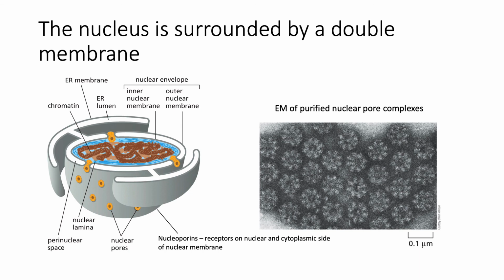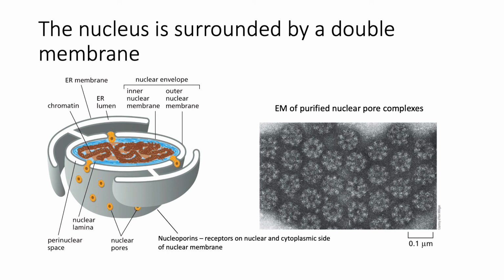Now, often when you think of a pore, you might think of a little pinhole, but that's not what these things are. Again, like everything else, these are extremely complex structures. Each one of these pore complexes is made up of about 150 proteins. So they're not just pores, they're actually pore complexes.